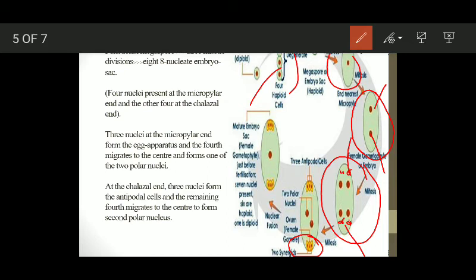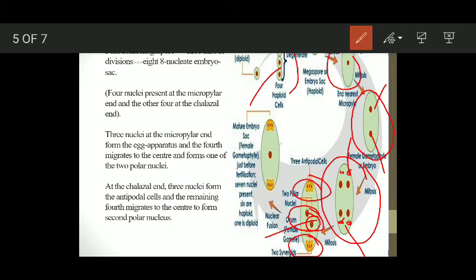The remaining 1 nucleus moves towards the center of the embryo sac and constitutes one of the 2 polar nuclei. Remember, it constitutes one of the 2 polar nuclei. Similarly, at the chalazal end, 3 nuclei form the antipodal cells, and the remaining 1 nucleus migrates towards the center of the embryo sac and forms the second polar nucleus.